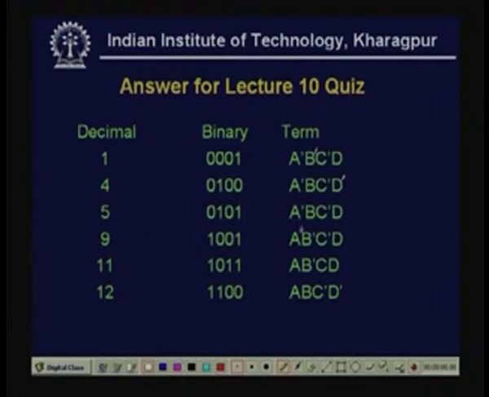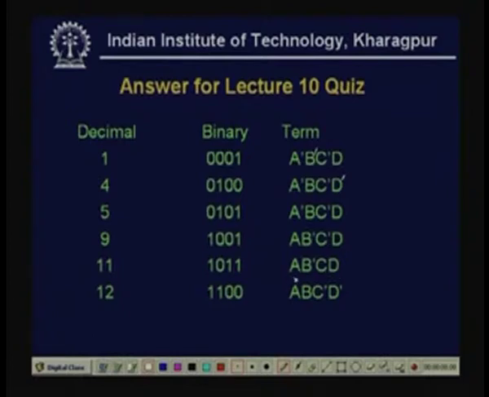For 5, it is A dash B, C dash D, 0101. For 9, it will be A, B dash, C dash D. For 11, 1011, so A, B dash, C, D.